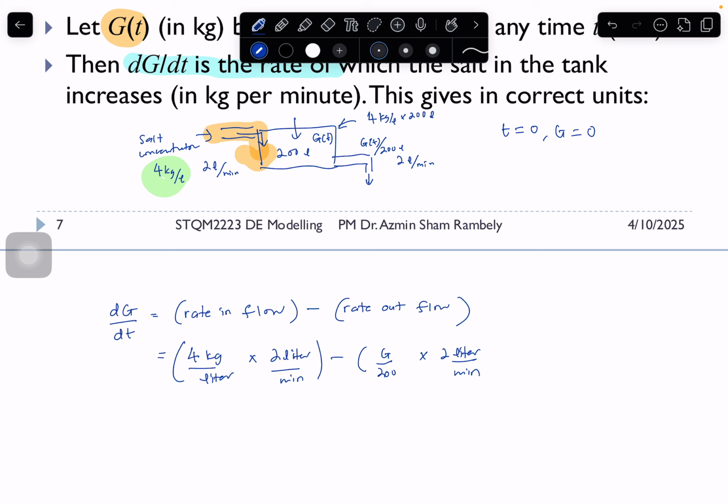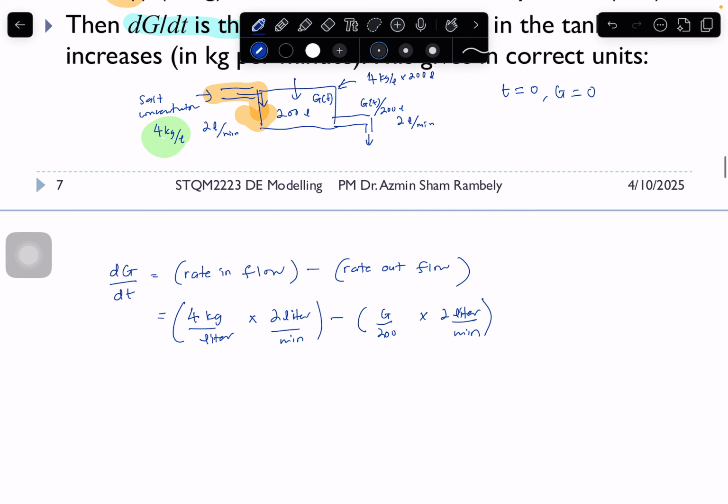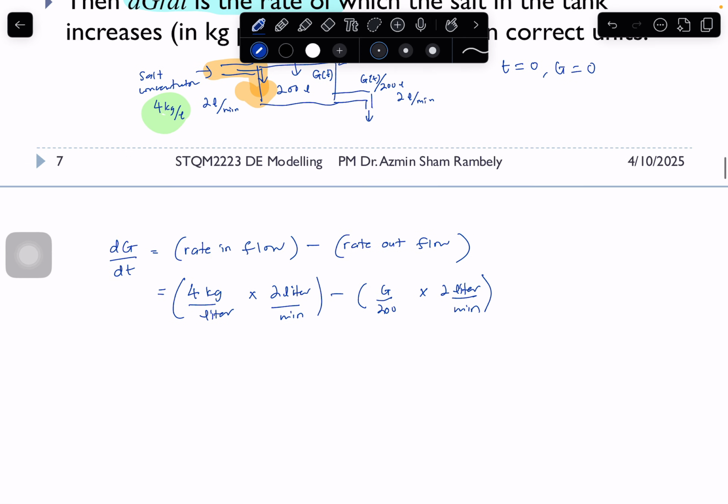So G over 200 is the amount. G is the amount of salt in the tank at any time T. You haven't drained it out yet. When the salt solution is being drained out, G of T over 200 is multiplied by 2 liter per minute. That is the rate of outflow.